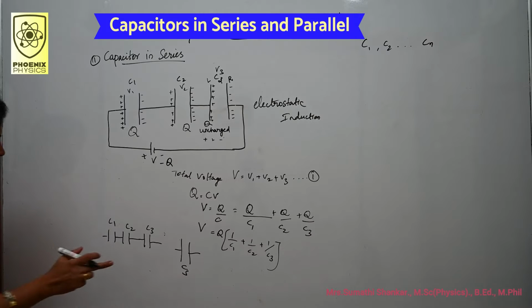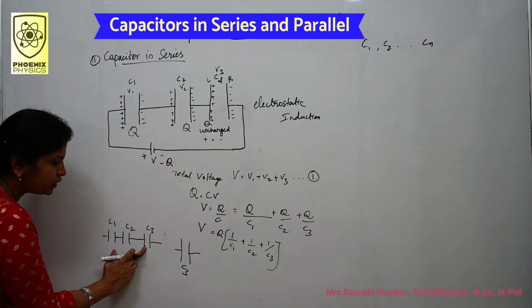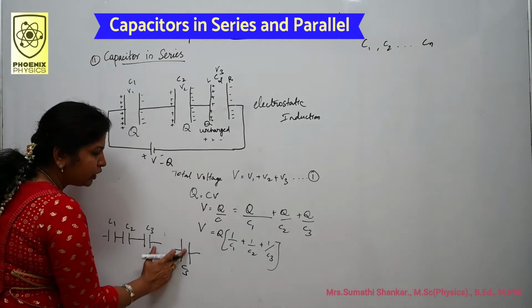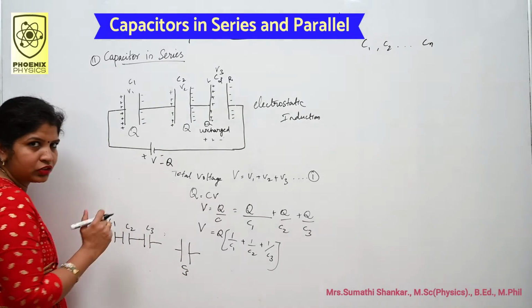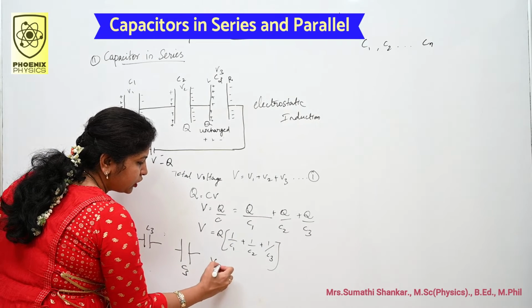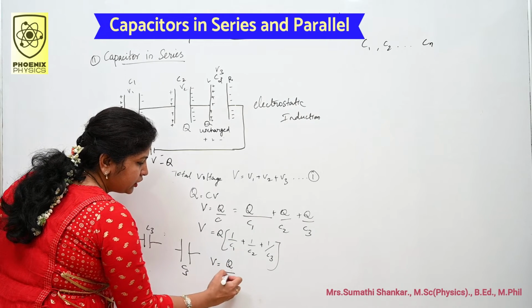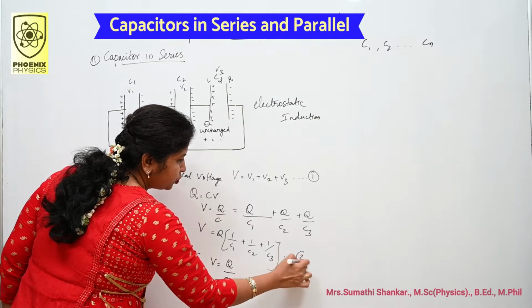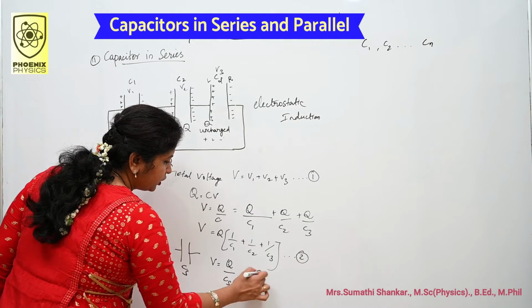Here, if the three capacitors C1, C2, C3 in series are considered to form an equivalent single capacitance CS, then this formula can be written as V is equal to Q by CS. So this is our equation 2 and this is our equation 3.